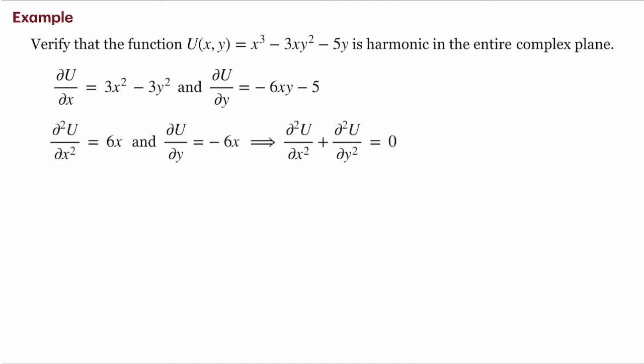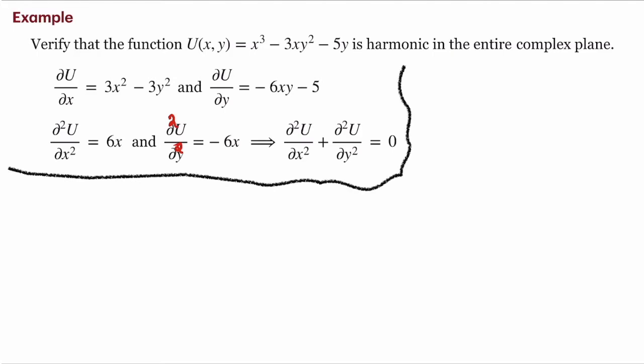We differentiate again. Del square u by del x square is 6x, and del square u by del y square is equal to minus 6x. Naturally, it satisfies the Laplace equation and hence it is harmonic.